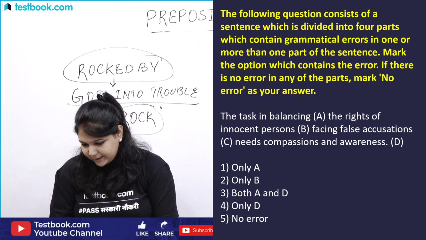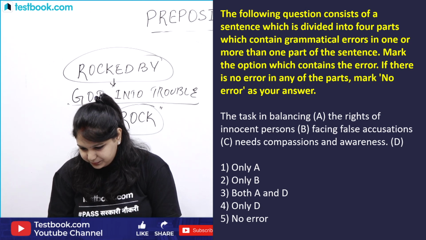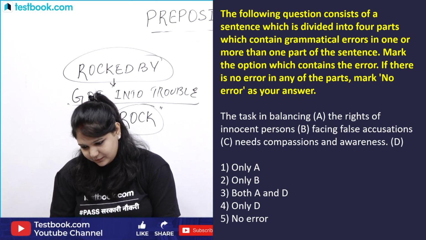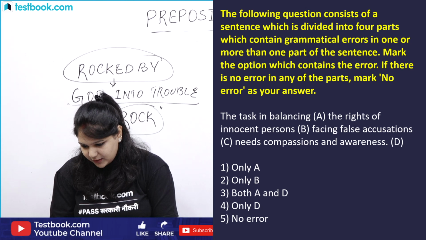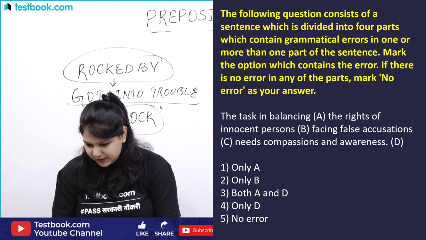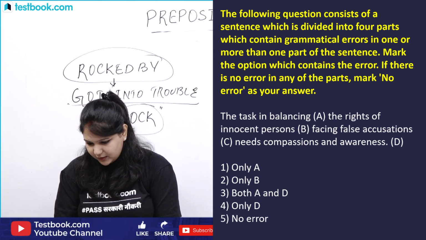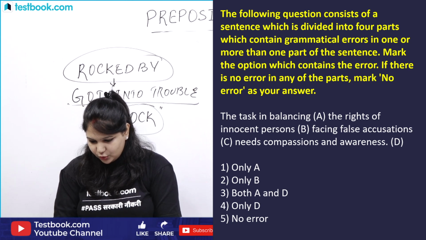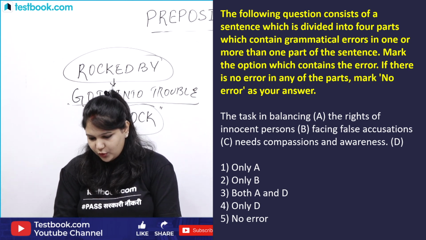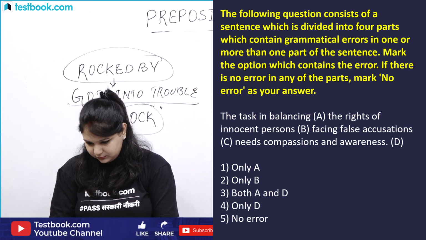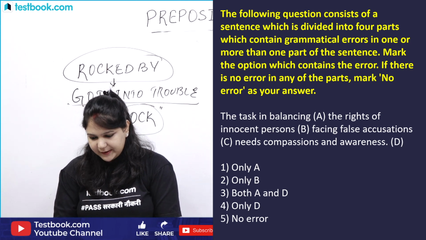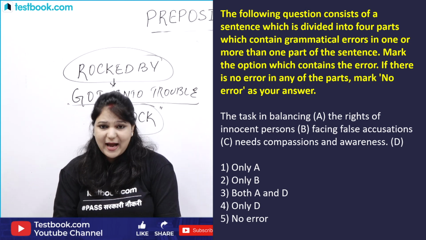For balancing, okay. Vikram says need, NP says D, okay. D, that means only D, or is it option 4? Okay, only D, the task of balancing. Mayank says the task of balancing, great.